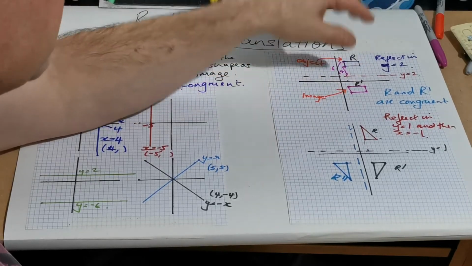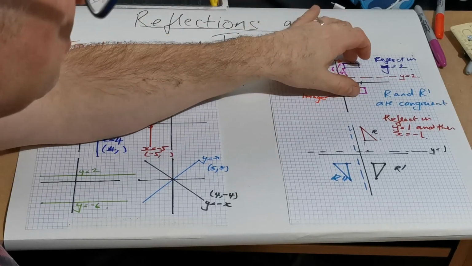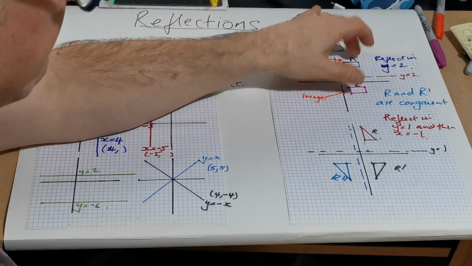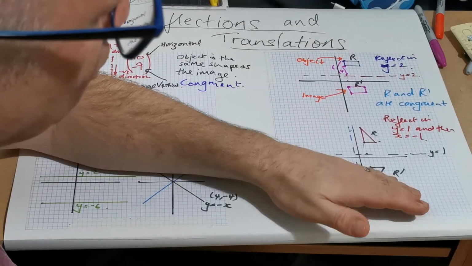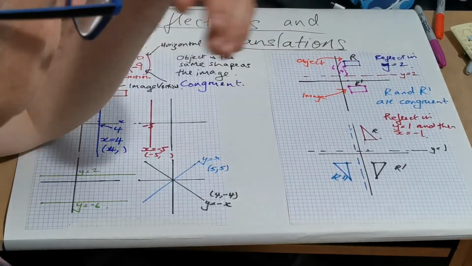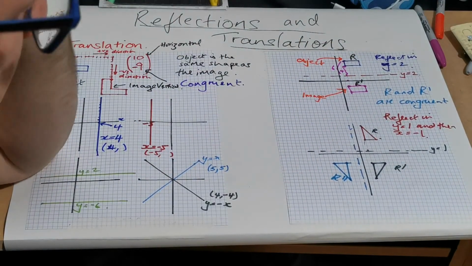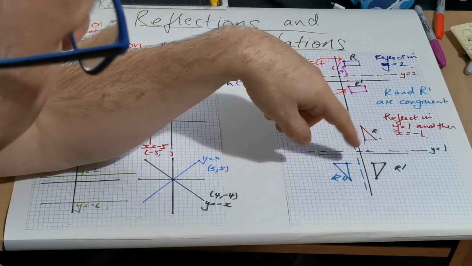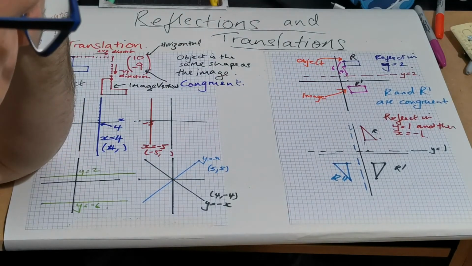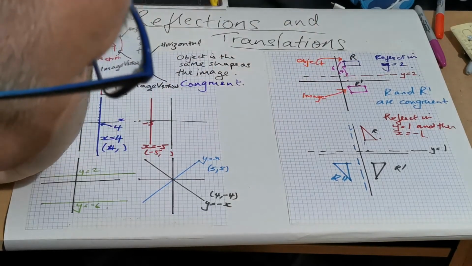It doesn't have to be R, I just chose rectangles here. The object and the image are congruent shapes, and we can do more than one reflection. So we can reflect one way and then the other way, and our first reflection would be R dash, and our second reflection would be R double dash, and still R and R dash are congruent.